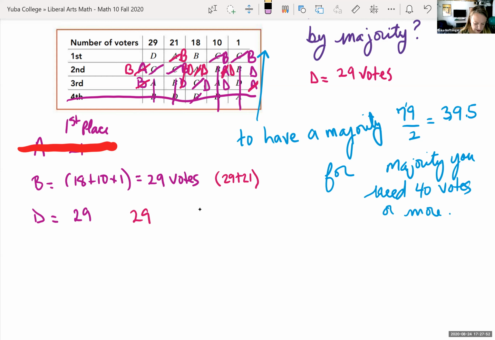Oops, did I do that wrong? I'm writing in the wrong spot. 21, sorry. So 29 plus 21, which should give us 50.